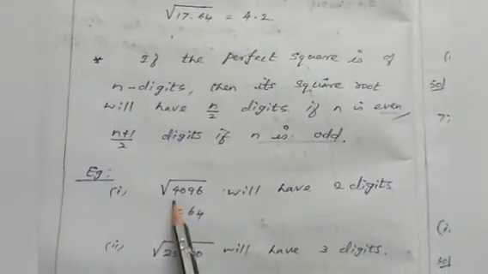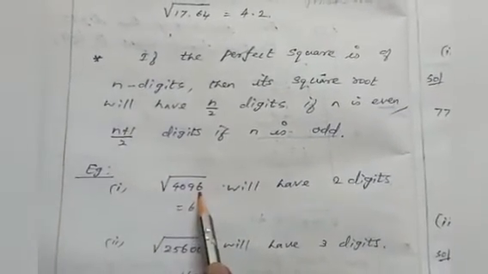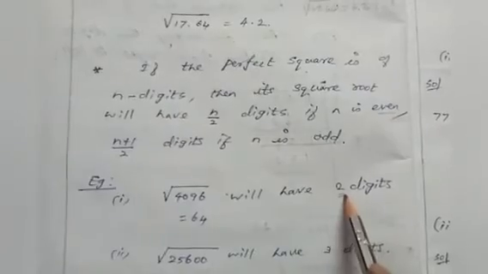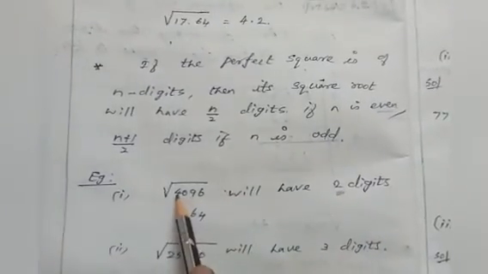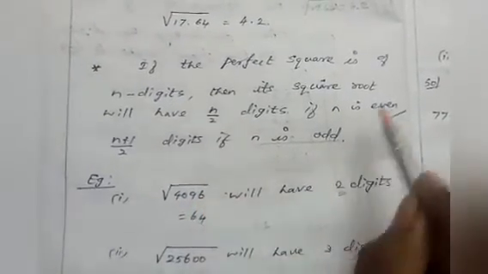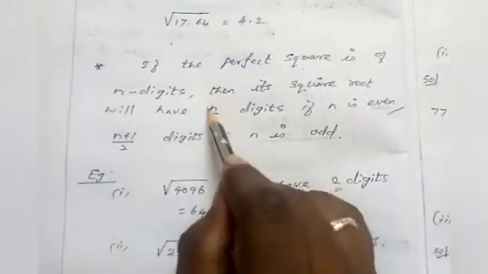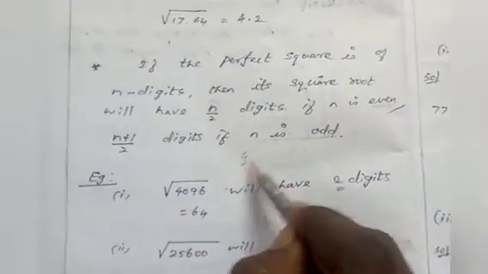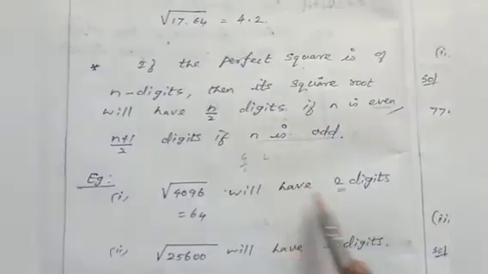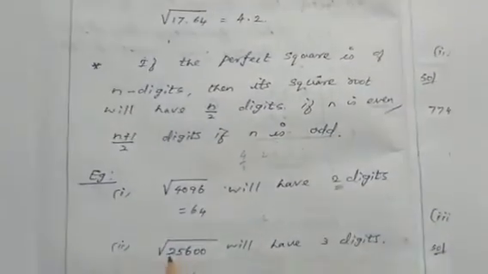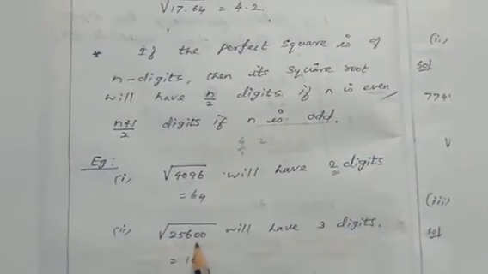For example, the square root of 4096 will have 2 digits. Here there are 4 digits, which is even, so n divided by 2: 4 divided by 2 is 2. So we will have 2 digits. Next, the square root of 25,600.